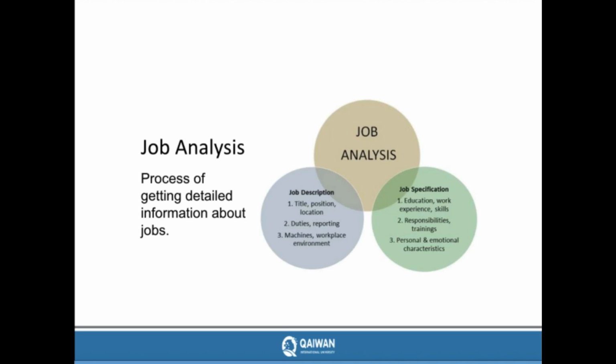For example, does the job require someone patient, or creative, or able to work under pressure? So the job description includes teaching courses or preparing lectures, assessing students, and working at the university. But the job specification includes having, for example, a PhD degree, teaching skills, and communication skills. So these are the differences between job descriptions and job specifications.